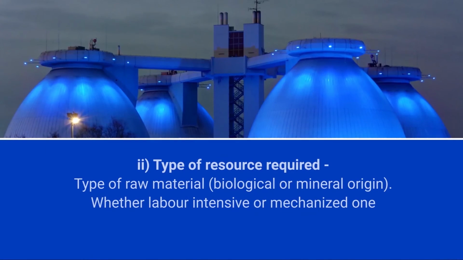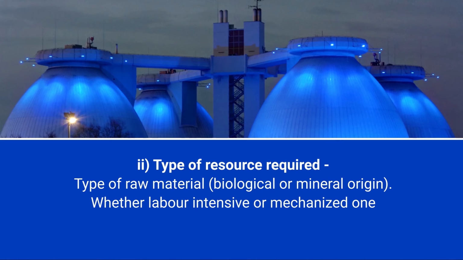Second aspect of managementware criteria is where the type of resource required is governed, and accordingly we have to have our managerial capabilities. For example, what type of raw material will be used in this technology, whether that raw material is of biological origin, natural material, or it is of a mineral origin. So, depending upon the type of raw material required, we would require different types of managerial capabilities.